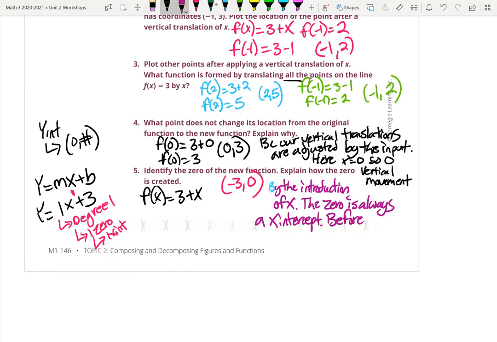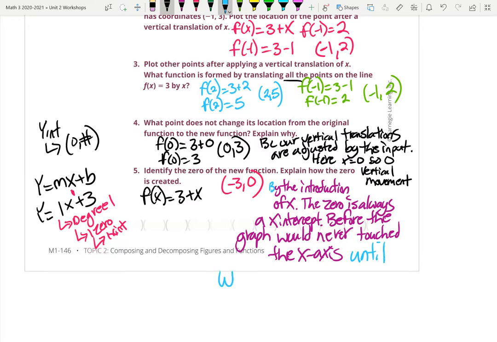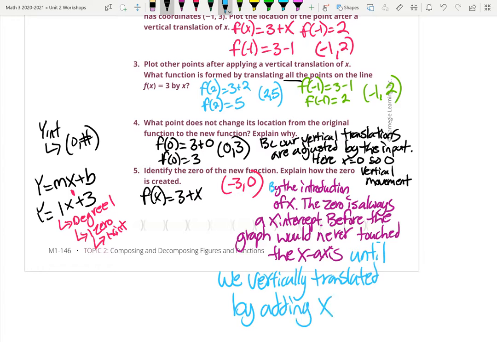Before, the graph would have never touched it, until we vertically translated by adding x.